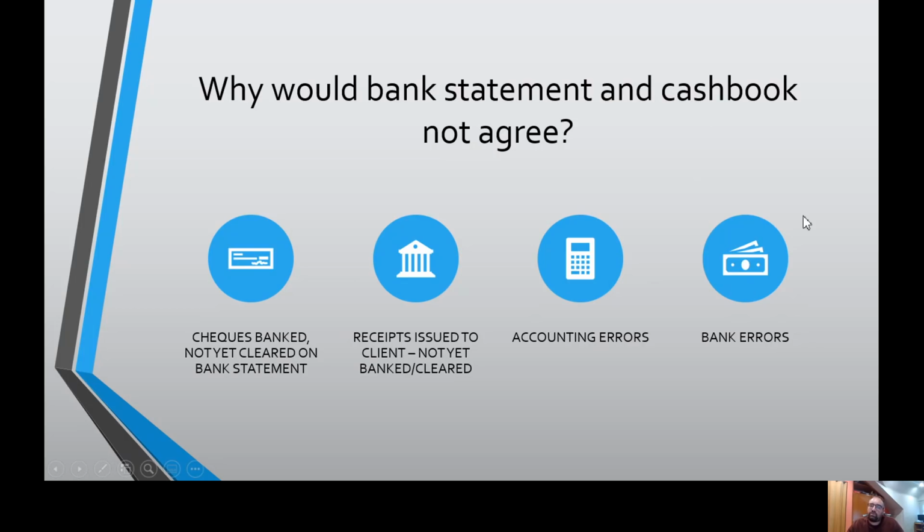And then the last reason why we can have a reconciling item is because of a bank error. An example of that would be something like I deposit 100 Rand in my business account, but the bank accidentally credits it, so they put it against my trust account. Now the question is whose accounting records are correct, assuming I posted it correctly on my side.